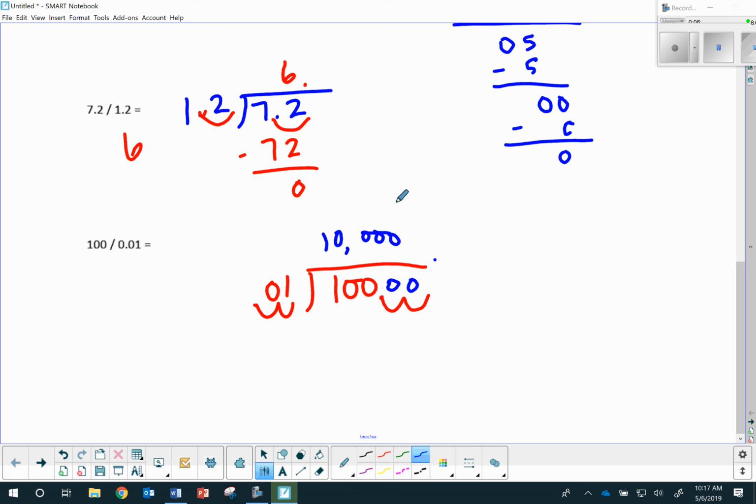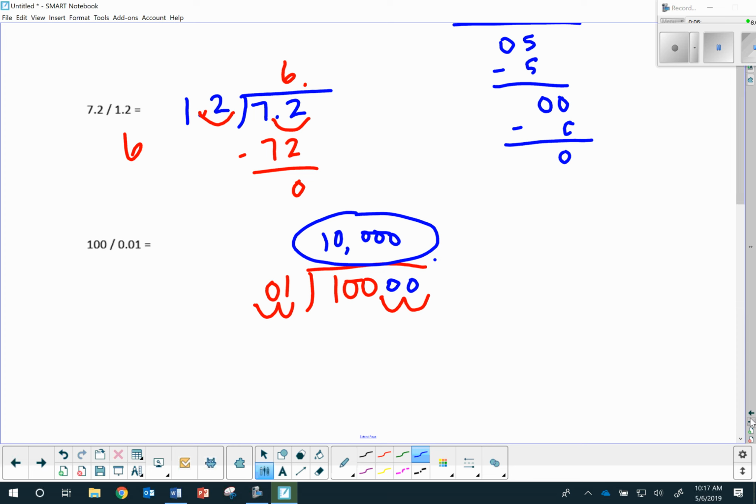That one I could simply look at. I didn't even need to do the long division, but if you were to do the long division, you still would get the same answer of 10,000. But if you are dividing by 1, it will obviously go in the number of times that your dividend has. So this answer is 10,000.